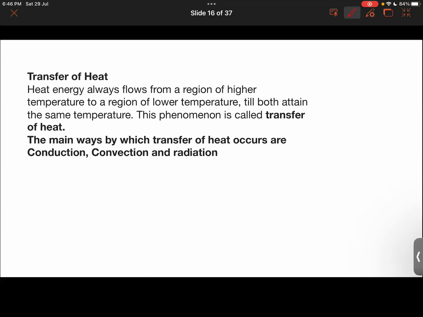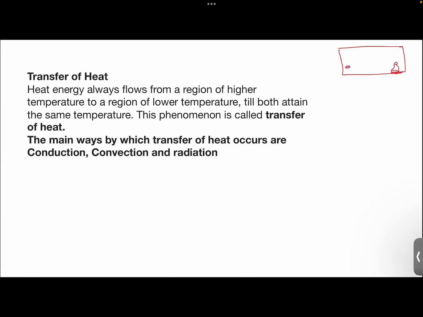So if you are sitting in the corner of a room, and there's a fire burning in another corner, eventually you will also start feeling hot. Why is it so? Because heat from this region has traveled towards you.